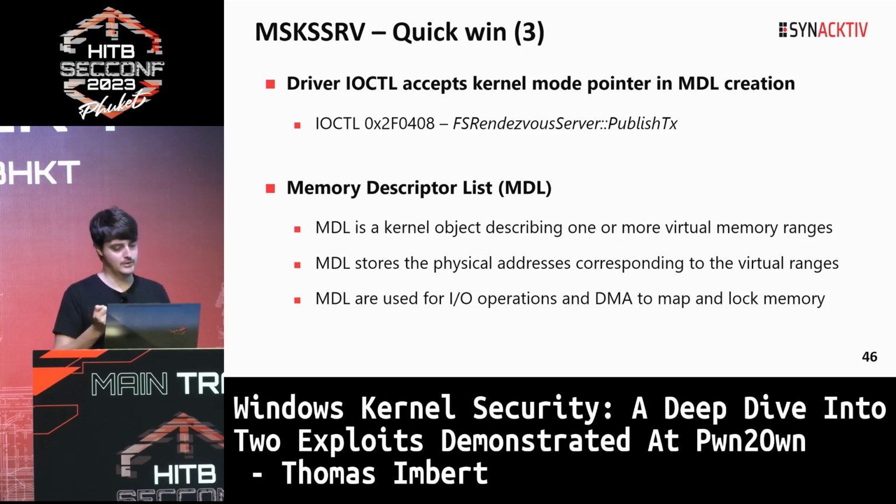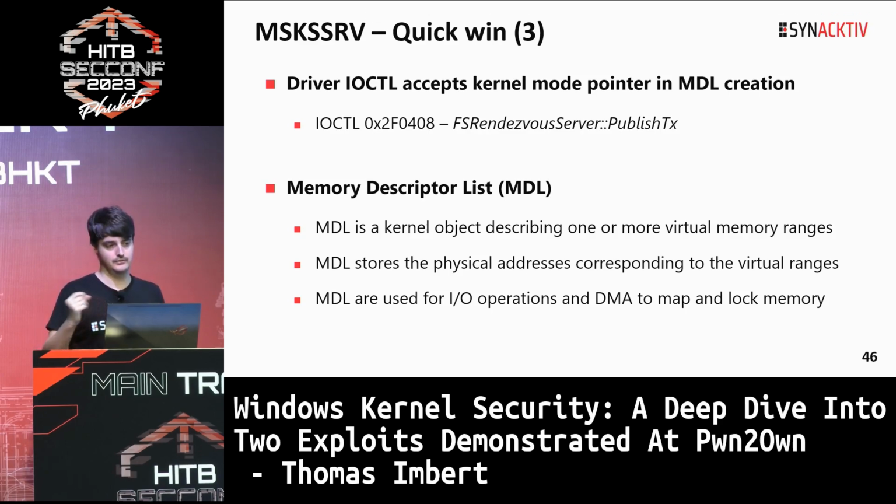What is a memory descriptor list? It's actually a kernel mode object that refers to a virtual memory range. This object is a kernel object, so you cannot control it from user mode. It's only in kernel. It's used for I/O operations or DMA to map and lock memory.